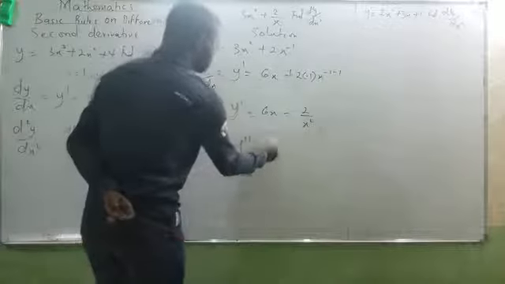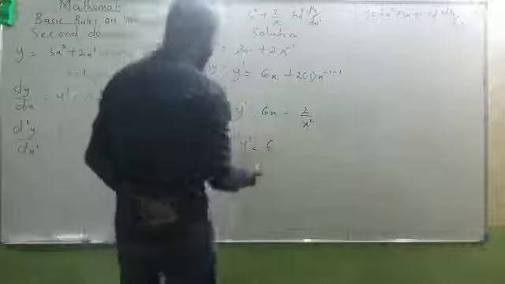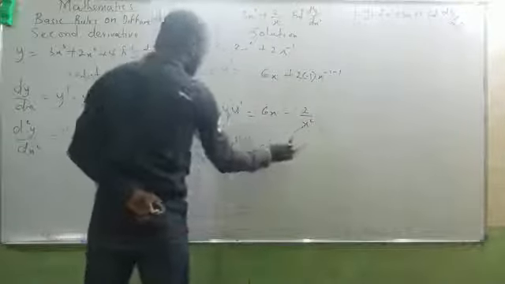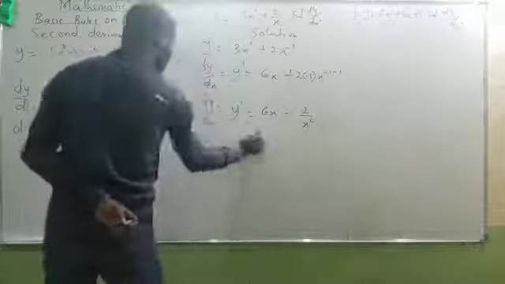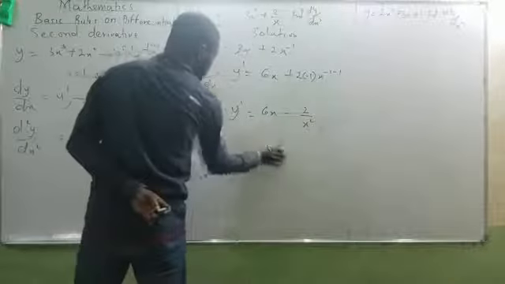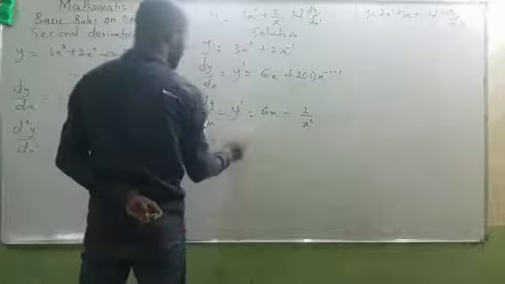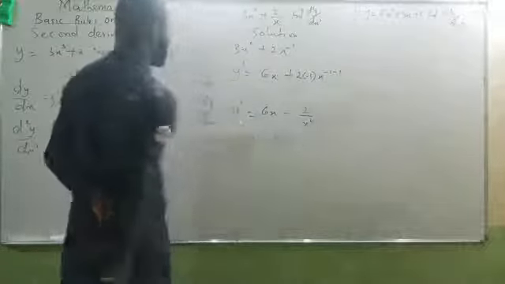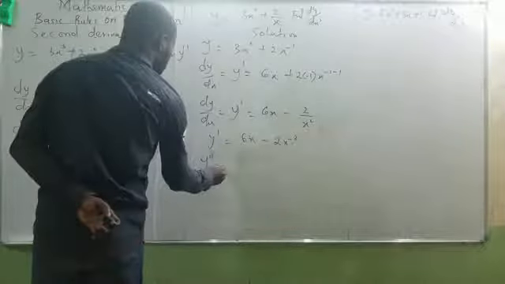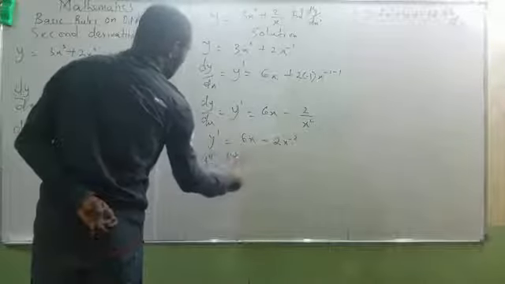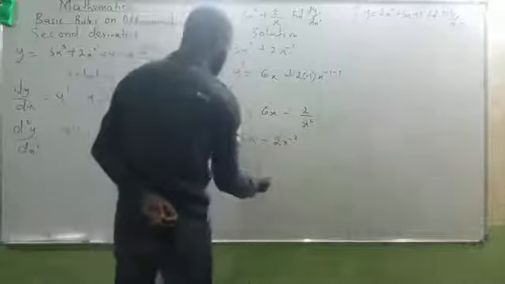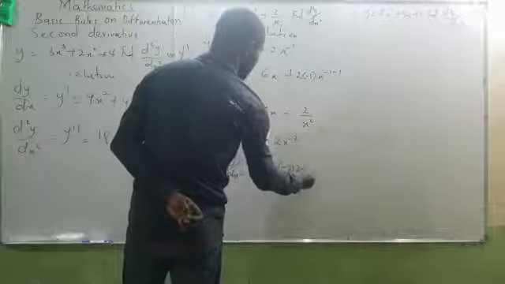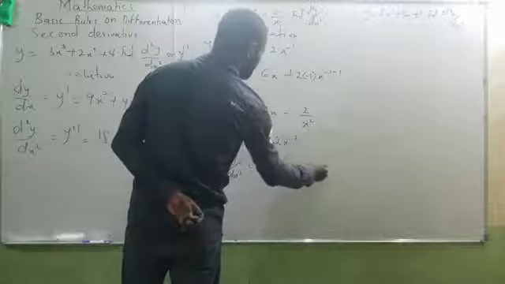It equals, differentiating this, I have 6. Before we even talk about that, let me return this to a form that helps us better understand it. My y prime equals 6x minus 2x raised to the power minus 2. Now my y prime prime, also known as d squared y over dx squared, equals 6, then minus 2 times minus 2 times x raised to the power minus 2 minus 1.